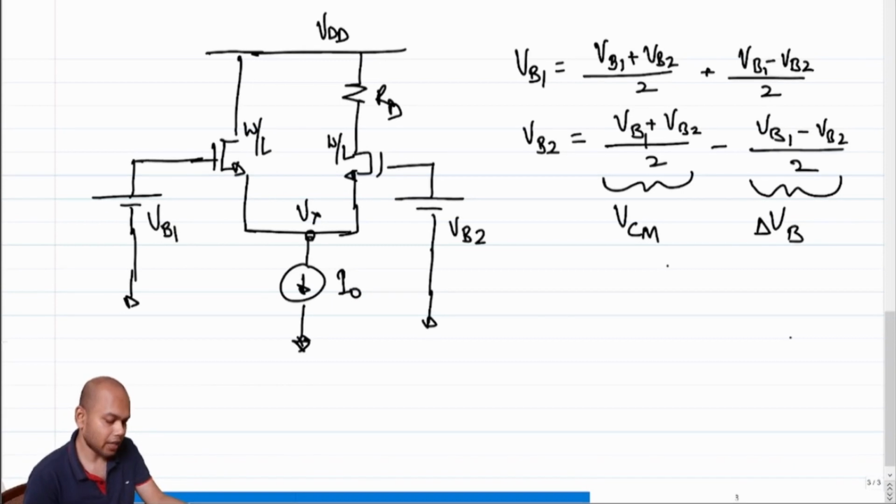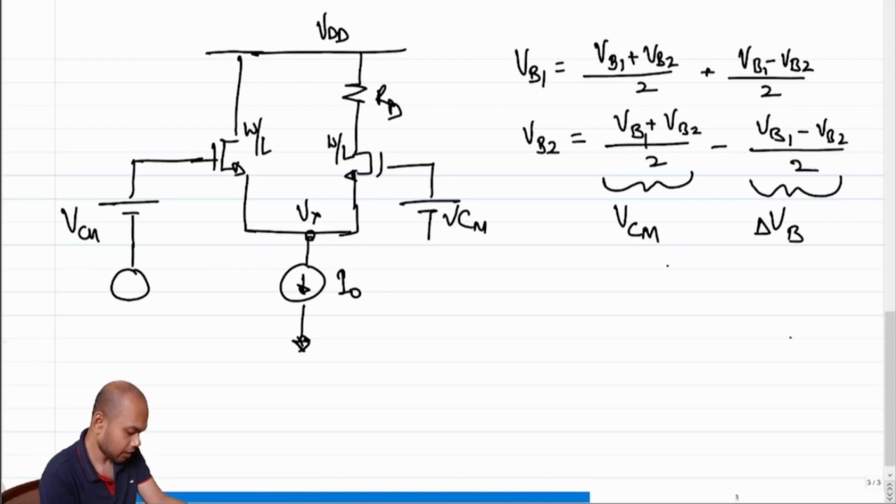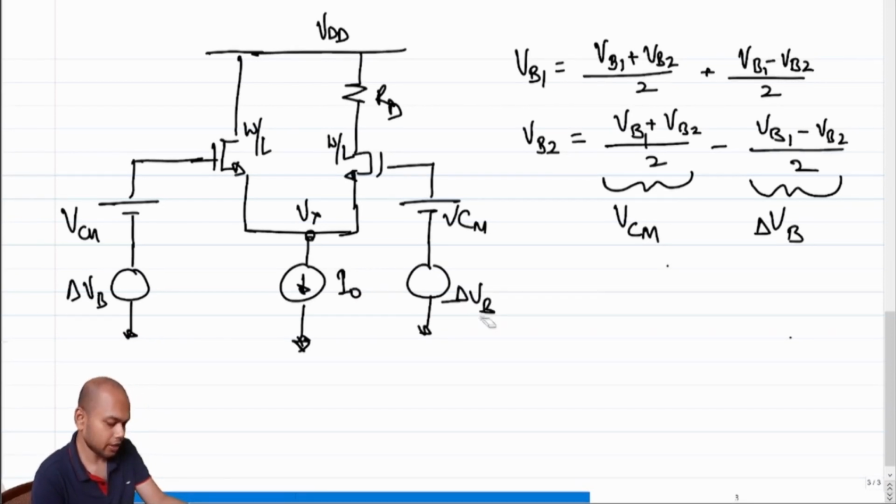If that is the case, I can represent these inputs as VCM connected at both inputs, and another signal, delta VB here, and minus delta VB at the other terminal.